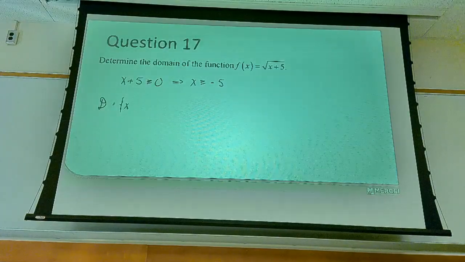That would be set builder. I think in this case, the interval would be easier.